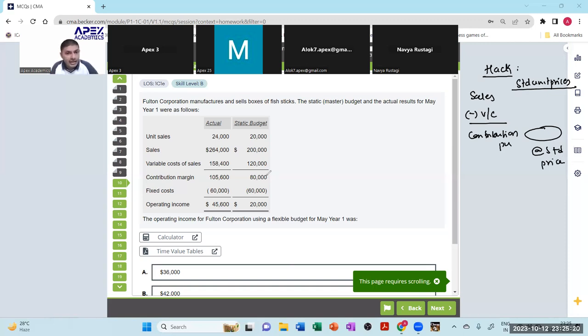Can I say that the contribution per unit at standard rates is equal to $4 per unit, 80,000 divided by 20,000? Do you agree or do you disagree?